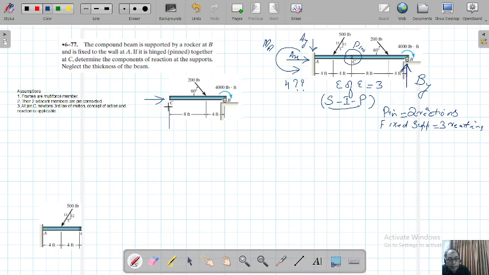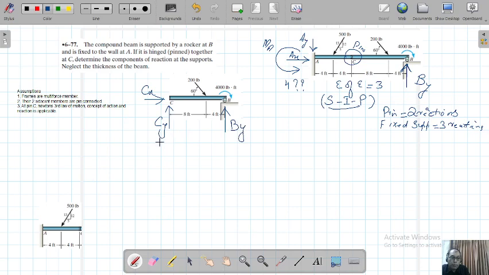This will be Cx and this will be Cy. And we will also assume this is the direction of your rocker, and this reaction is BY.